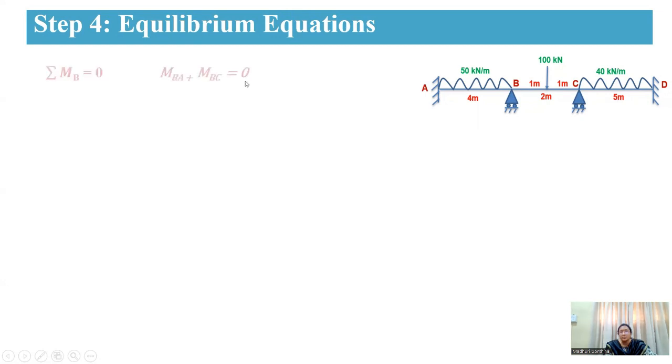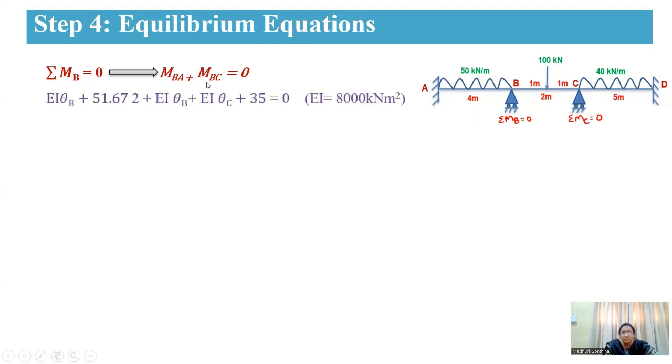So here we are having two equations, that is sigma MB equal to 0 and sigma MC equal to 0. That means MBA plus MBC will be equal to 0. From the slope deflection equations, we are going to substitute the MBA value and MBC value. Then you're going to get this equation. Here we are going to substitute in the place of EI also 8000 kilonewton meter square. And finally, you're going to get this equation 1.